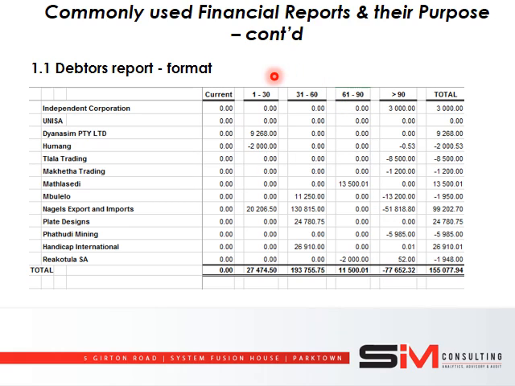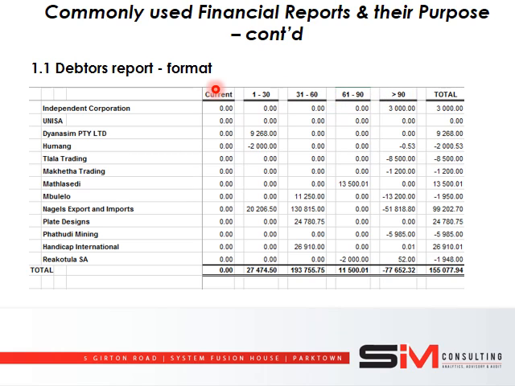Thirdly, you need to have a report that shows you the time that you are being owed money. That time will reflect in the form of current, 1 to 30 days, 31 to 60, 61 to 90, and above 90.